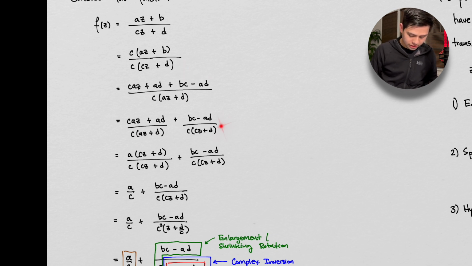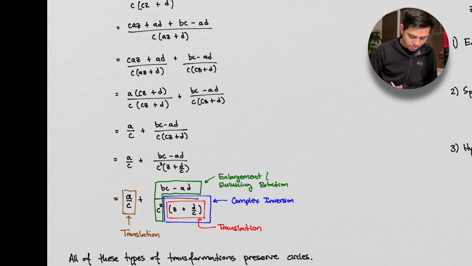Then we can factor out an A on this term, and we still have this term left. And then we can cancel out these terms, and we get AC plus BC minus AD, right?